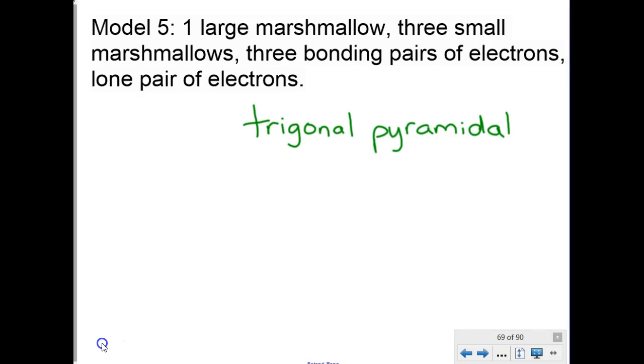That's right. So if you take a look at this upside down, so to speak, you'll see that the atoms are not all on the same level. So if it's planar and I look at it, all these marshmallows are at the same level. But if it's pyramidal, they're sticking up a little bit. They're not all on the same plane.